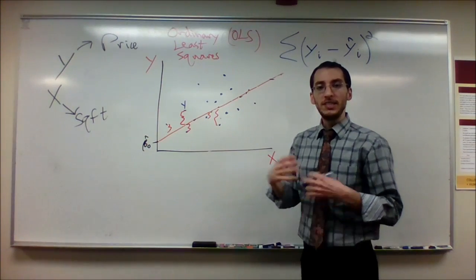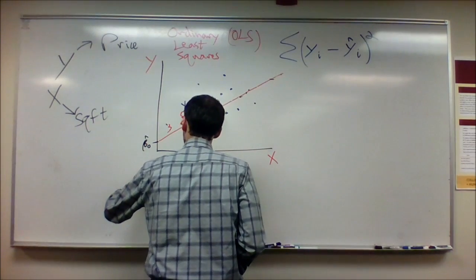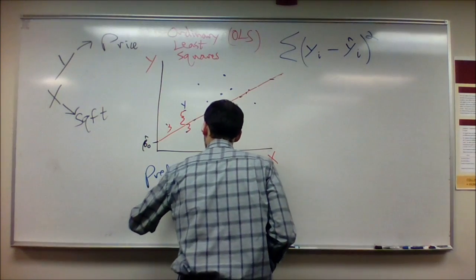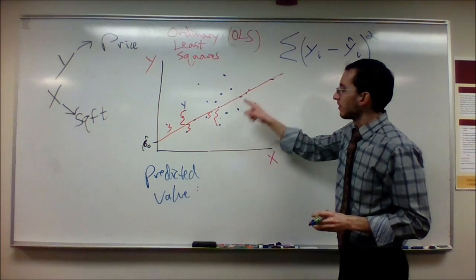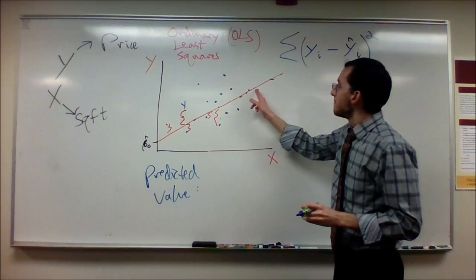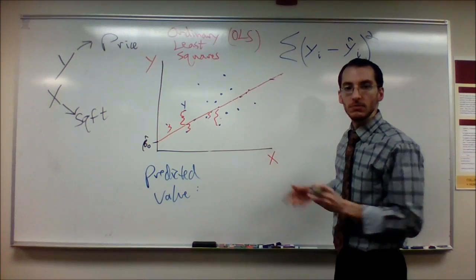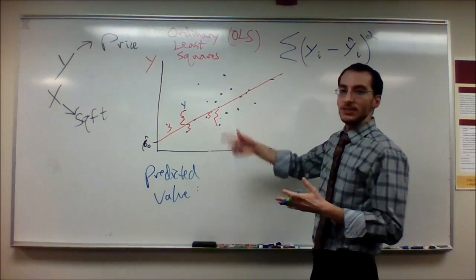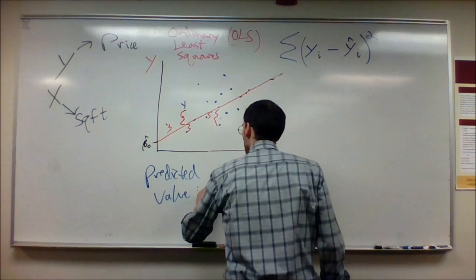A predicted value is simply whatever point my line gives me for a given x. So we've already, in a sense, seen what a predicted value might look like.